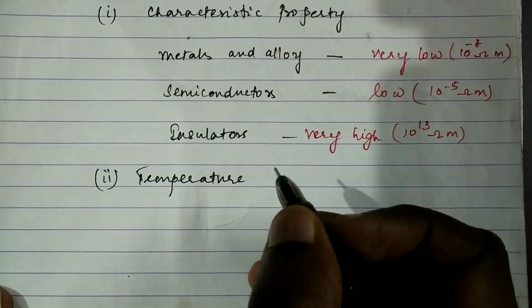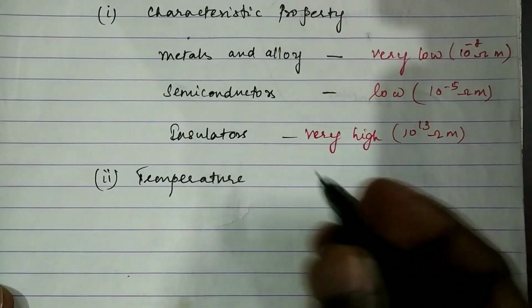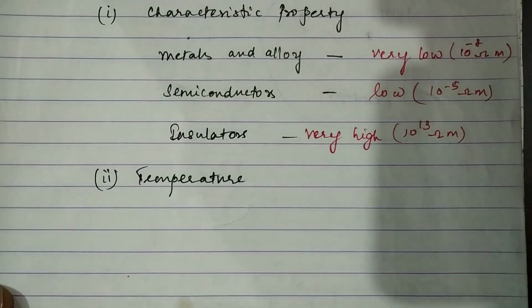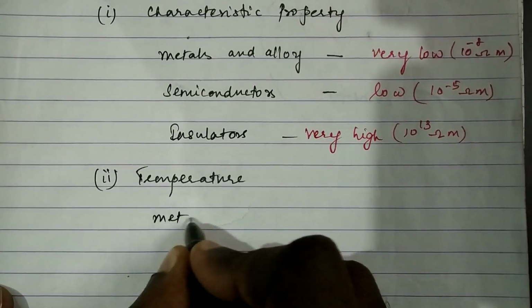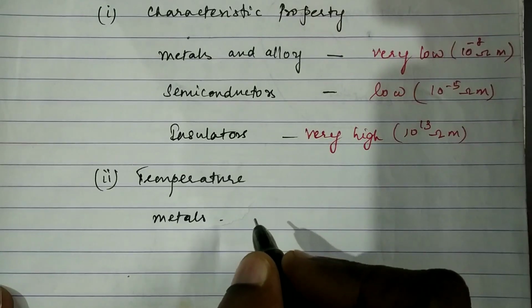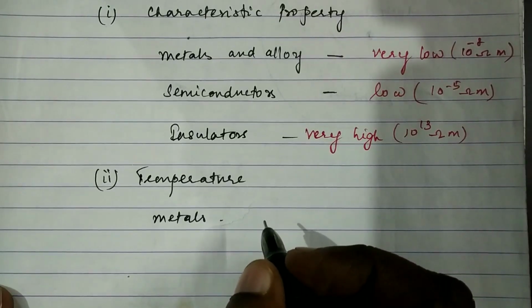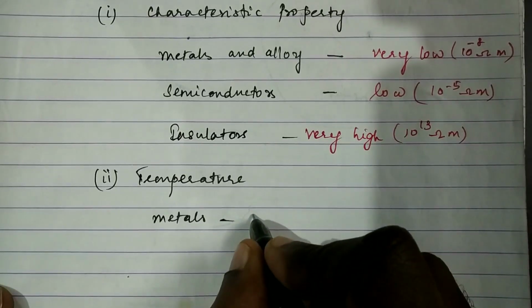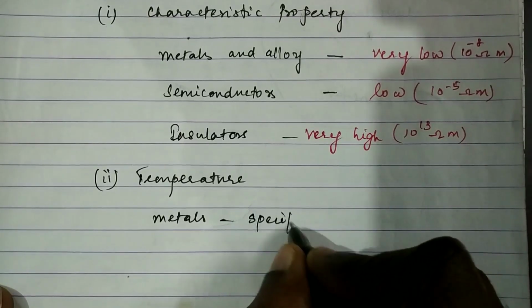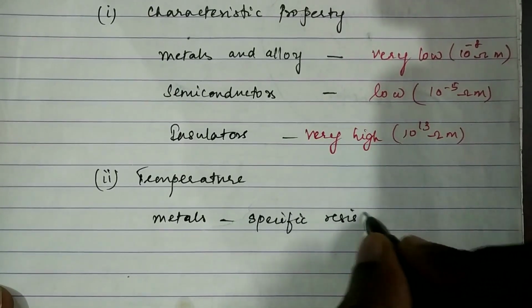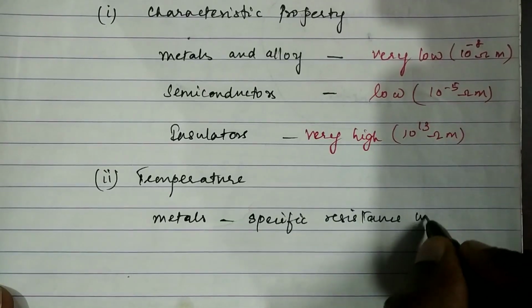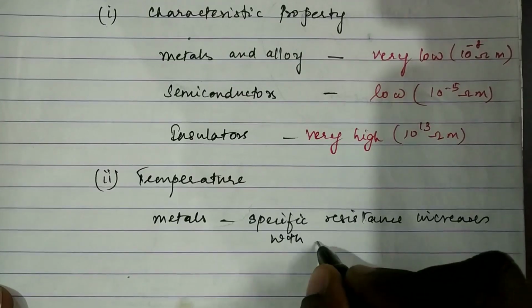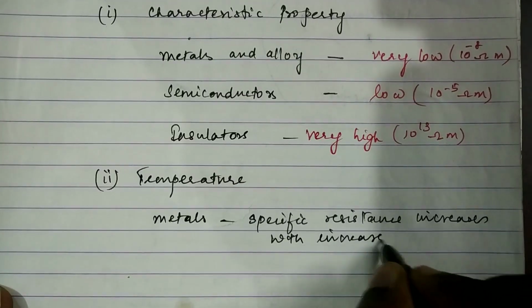Next factor is temperature. Specific resistance depends on temperature. For metals, specific resistance increases with increase in temperature.